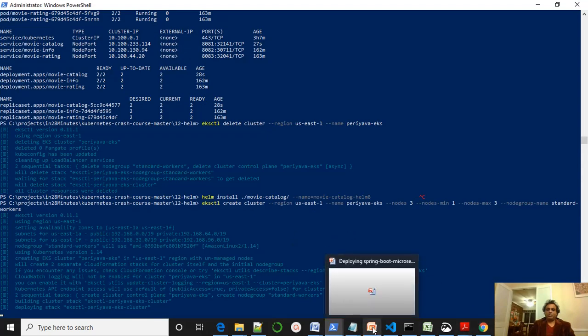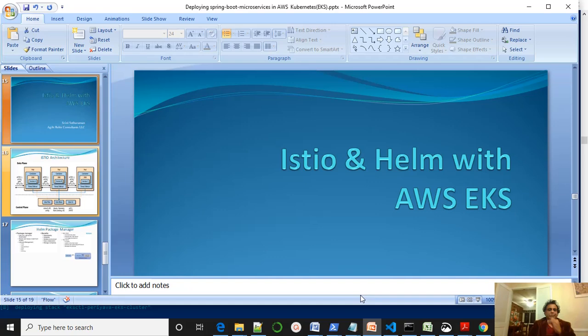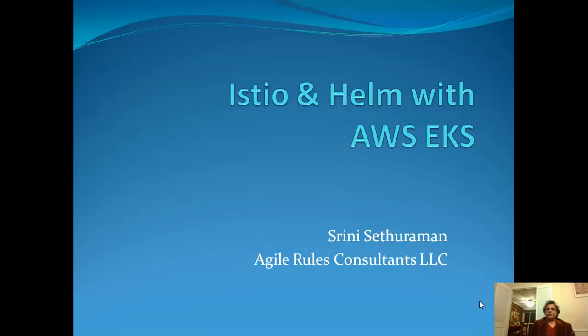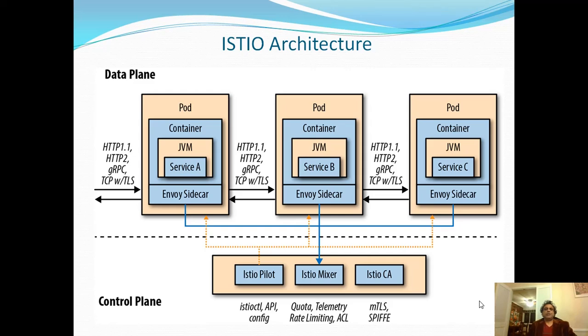So let's talk about the concepts, and then I'll go through the steps once, then execute all the steps. Istio and Helm with AWS EKS. What is Istio?